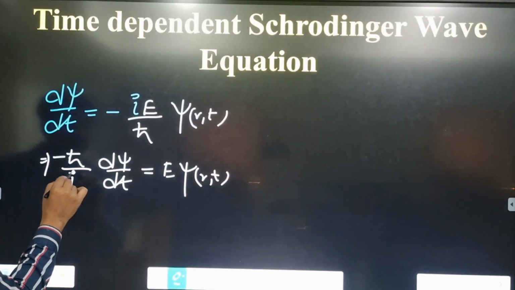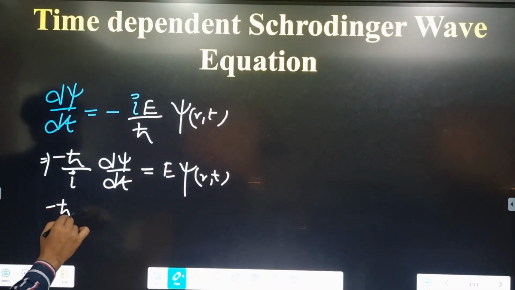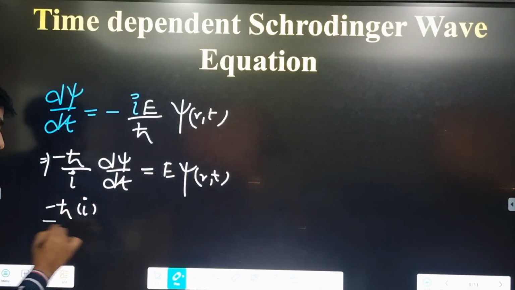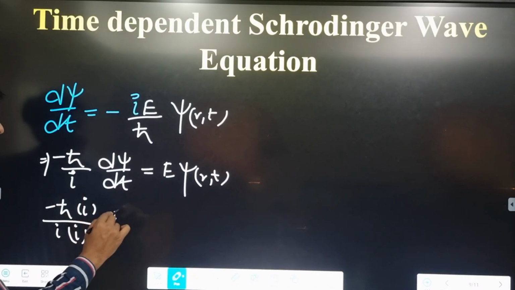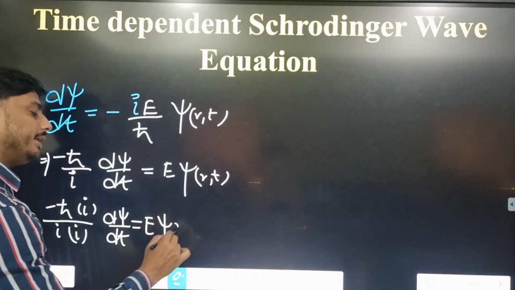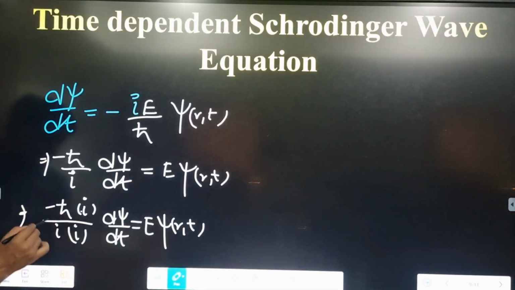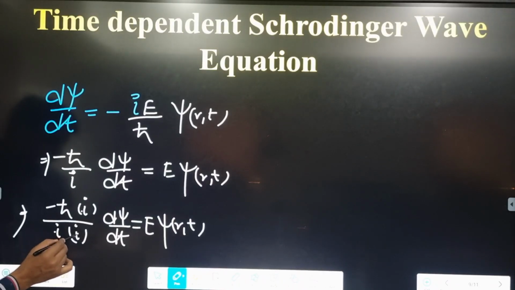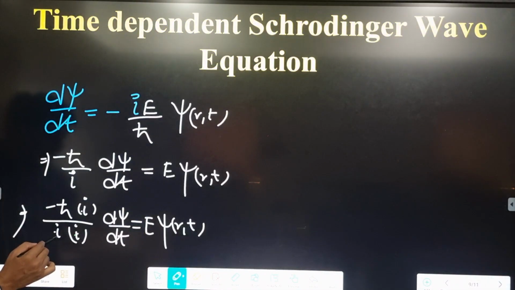Now minus h cross by i, if we multiply and divide by i, we have i into i, which is i square.